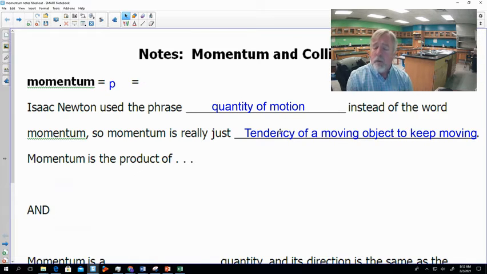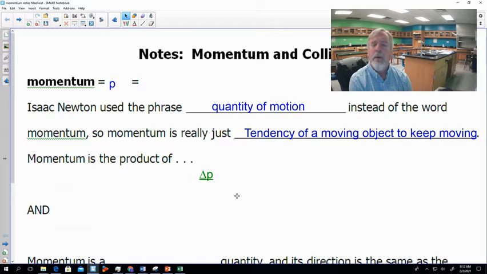Now, this leads also right into his second law of motion, right, with F equals ma. So if he talks about momentum being the tendency of an object to keep moving, well, let's think about that a little bit deeper. Let's use that triangle, that delta. Remember, that delta just simply means change. So delta P would be change in momentum.